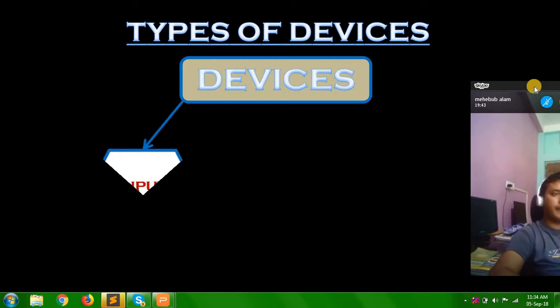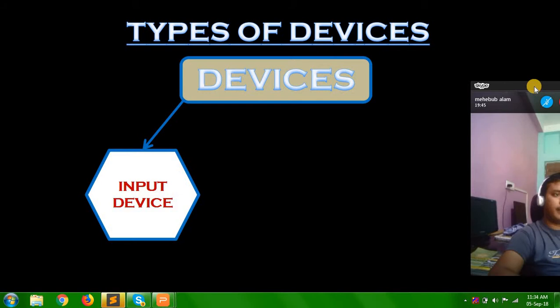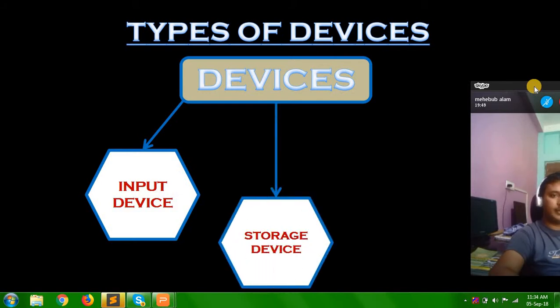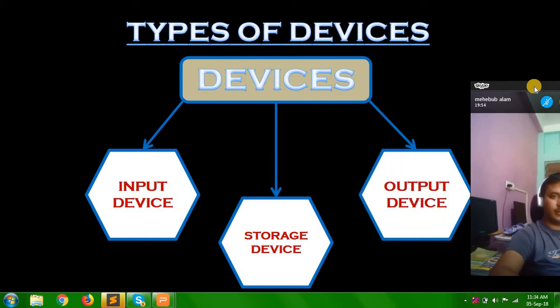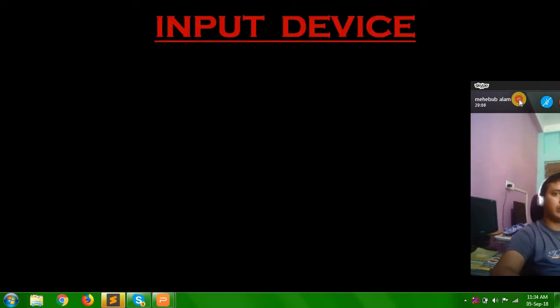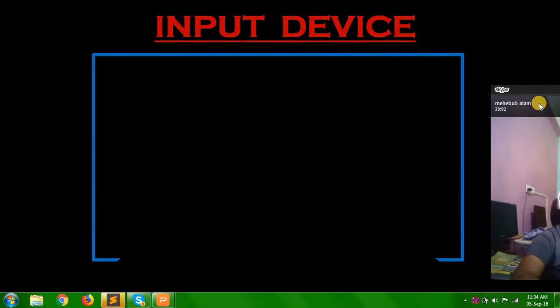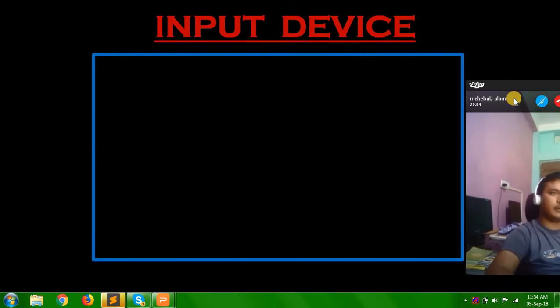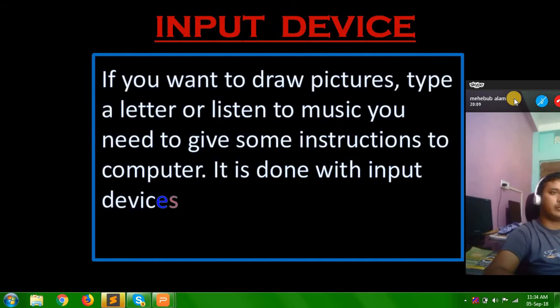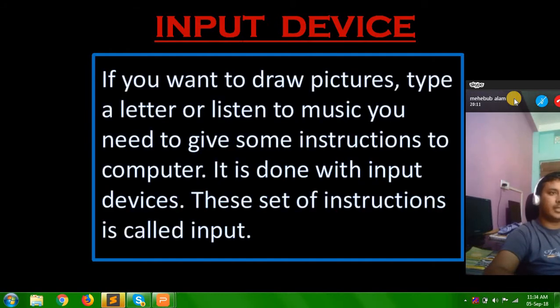Type of device. Three types of device: input device, storage device, output device. Input device. If you want to draw a picture, type a letter, or listen to music, you need to give some instructions to the computer.